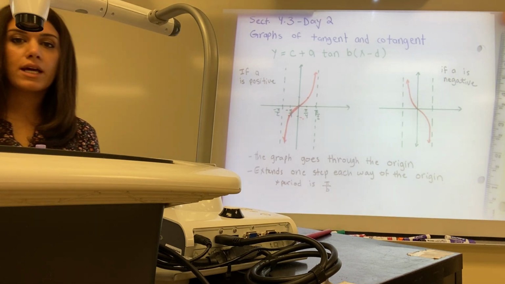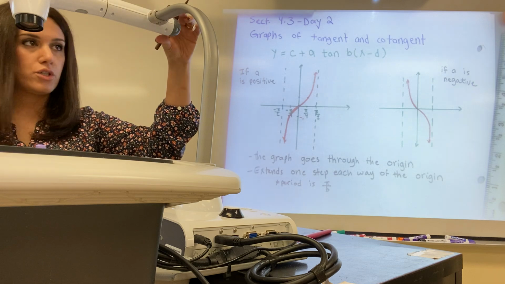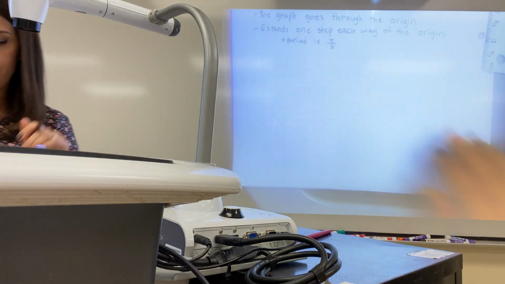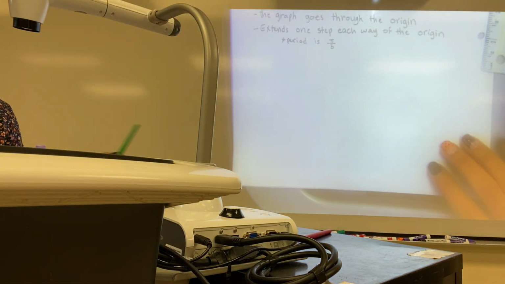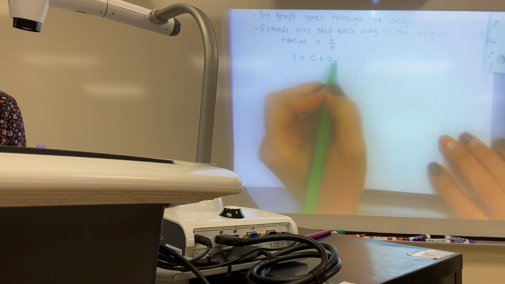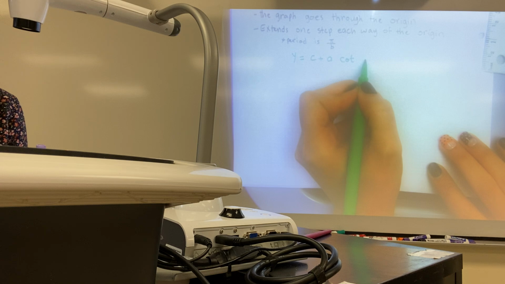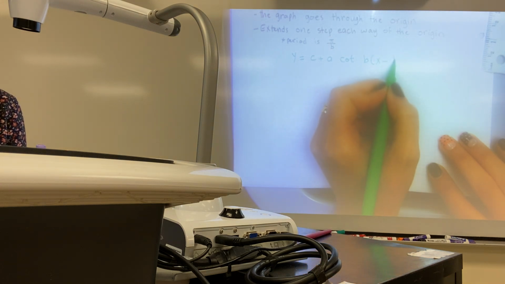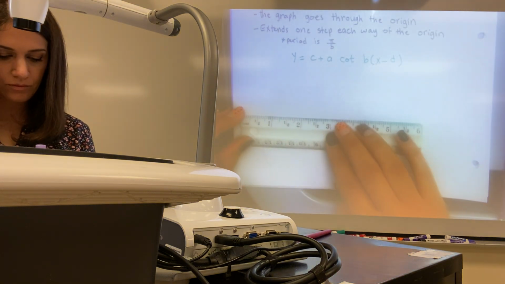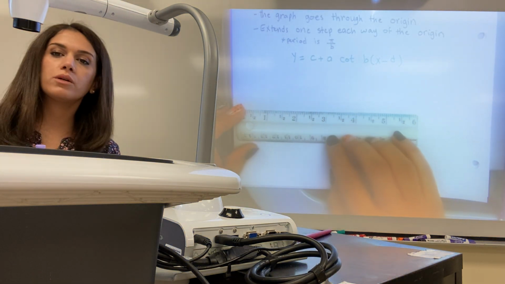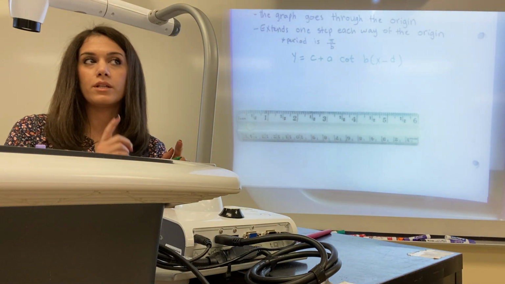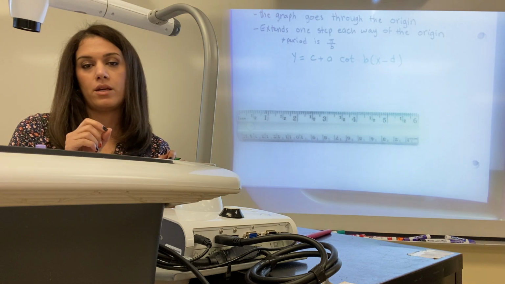Okay, next let's look at graphs for cotangent. With the cotangent, again, the function will be y equals c plus a cotangent, this time, bx minus t. Okay? So with the cotangent, you again look at the unit circle, but this time you're going to divide the x value by the y value, right?